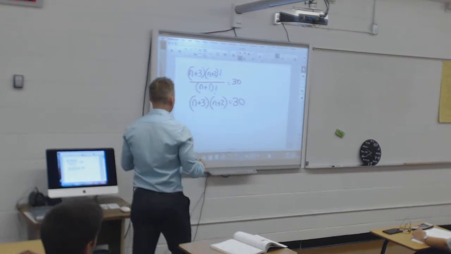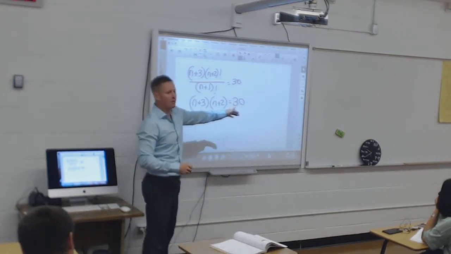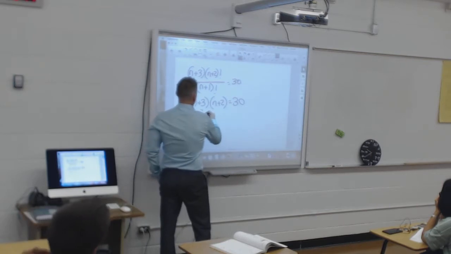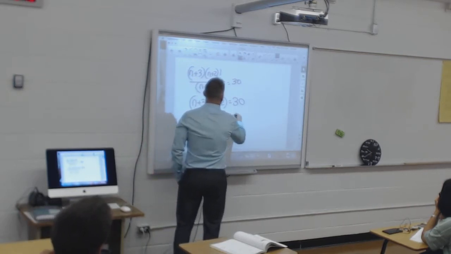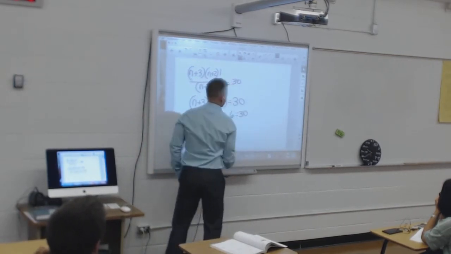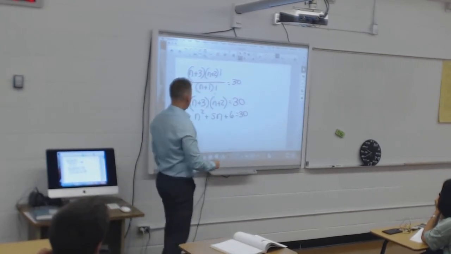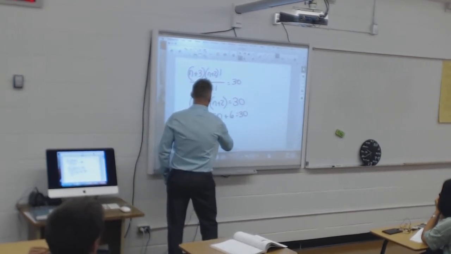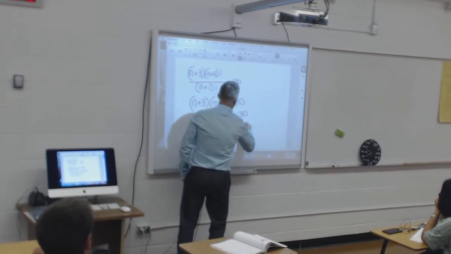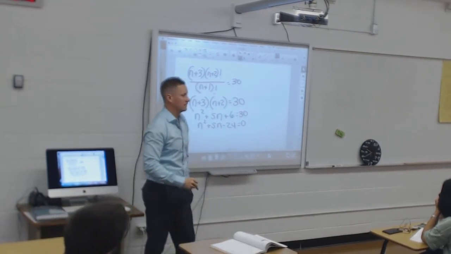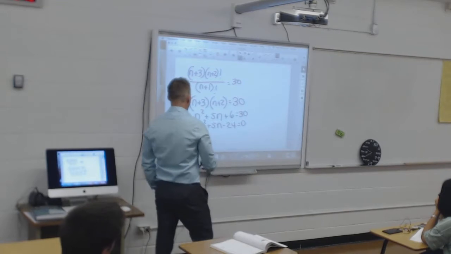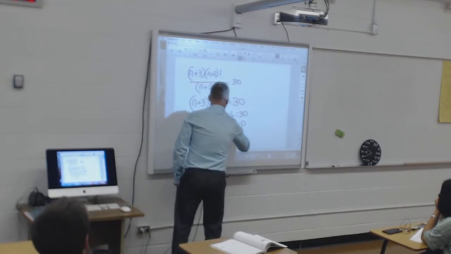Okay? That's well done. So now, multiply this out by FOIL. n squared plus 5n plus 6 equals 30. Right? Get it equal to 0. n squared plus 5n minus 24 equals 0. Factor it. 2 blanks.